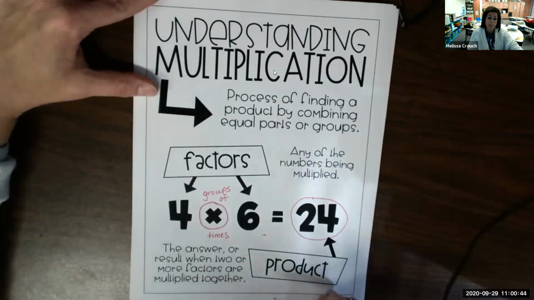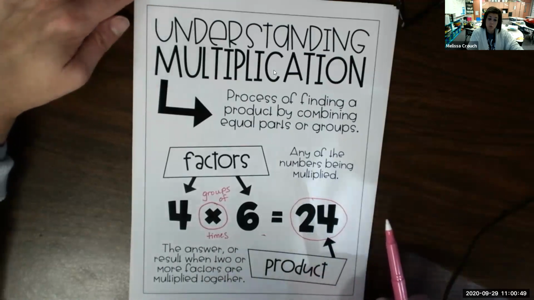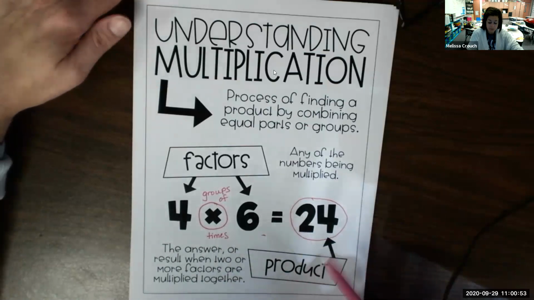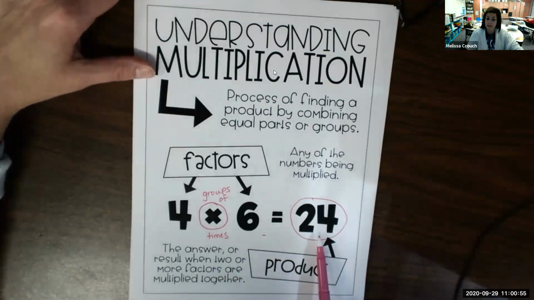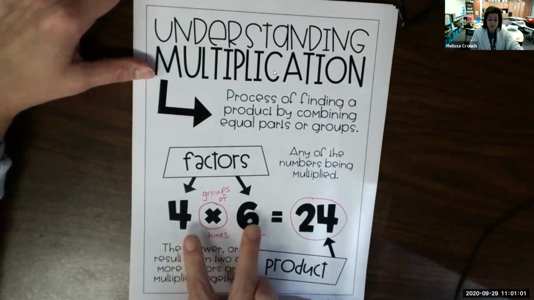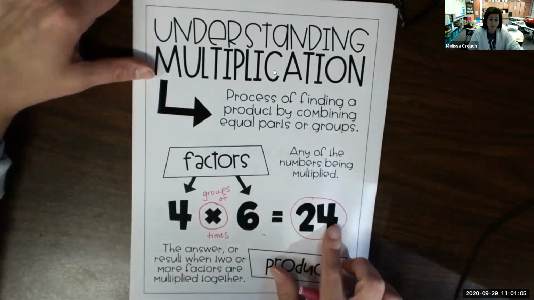And we have to remember that, okay? So multiplication is about joining equal groups to find a product. Factors, you have your factors to get you your product. It's important to remember that.